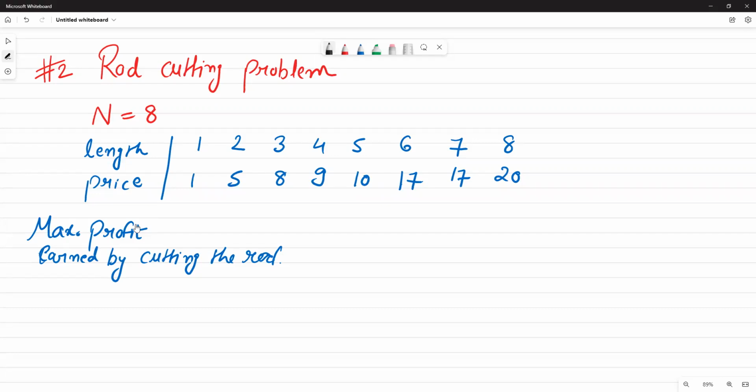Can you guys tell me what will be the maximum profit you are going to earn after cutting this rod? Correct. And the max profit here is 22.